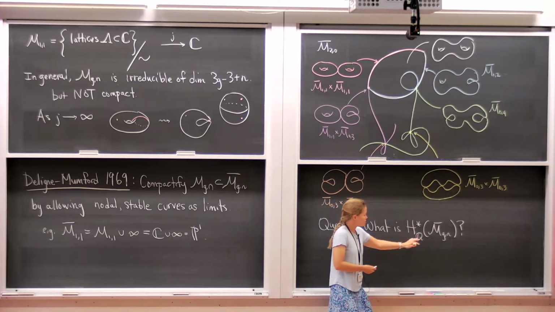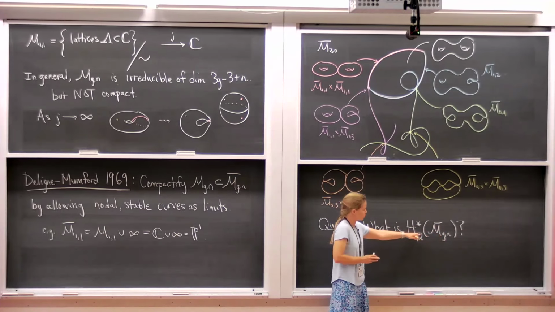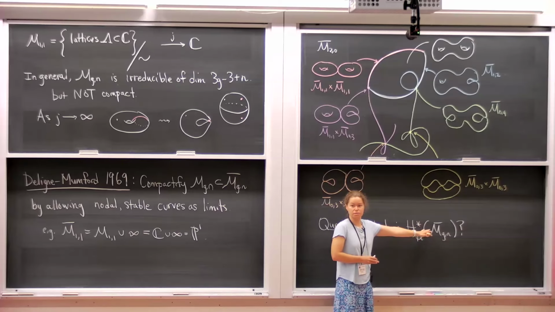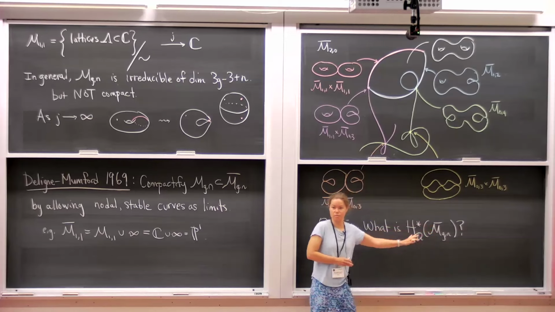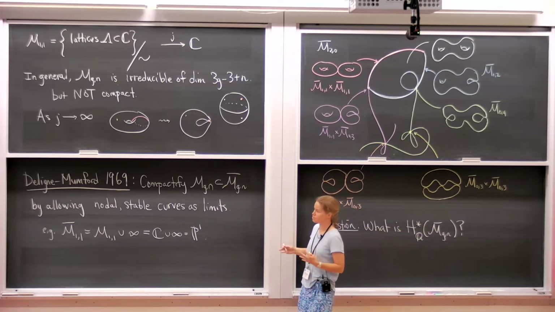But let me say, since I'm using Q coefficients, which is a really nice thing to do if you're going to work with the cohomology of a stack, you don't have to worry about some of these stacky subtleties. So this singular cohomology is actually the same as the singular cohomology of the coarse moduli space, if you prefer to just think about that. Although, as you're about to see, I'm going to sort of conflate the two and assume that there is a universal family.